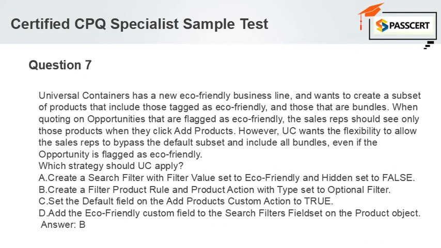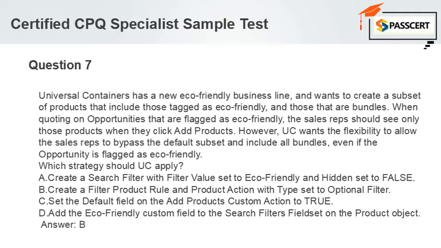Question 7. Universal Containers has a new eco-friendly business line, and wants to create a subset of products that include those tagged as eco-friendly, and those that are bundles. When quoting on opportunities that are flagged as eco-friendly, the sales reps should see only those products when they click Add Products. However, UC wants the flexibility to allow the sales reps to bypass the default subset and include all bundles, even if the opportunity is flagged as eco-friendly.